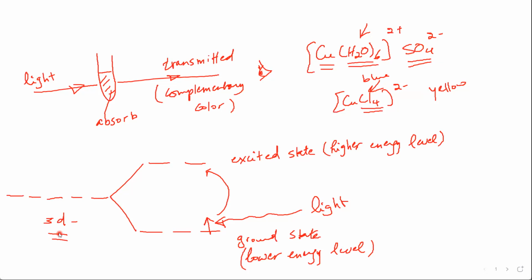Sometimes we start at once, we say splitting of the d orbitals takes place as the ligand approaches the metal ion, and then the electrons in the lower energy level will absorb a certain light with a certain frequency or energy, and are going to be promoted from the lower energy level to the higher energy level. And on doing so, the transmitted light or the complementary color is seen. Okay, that's all what you have to say.